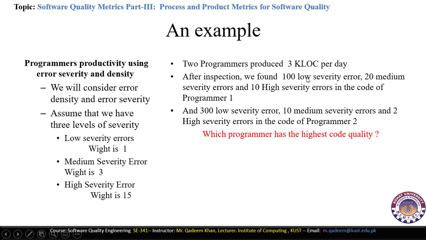When we perform the calculations here, you will get one answer. Based on that value, you can decide which programmer is efficient or good in coding. So you have to compute these values yourself, and maybe certain questions were asked in the exam papers about these metrics.